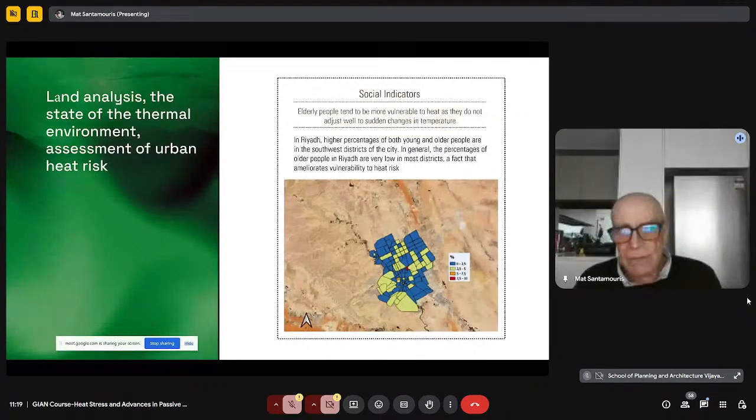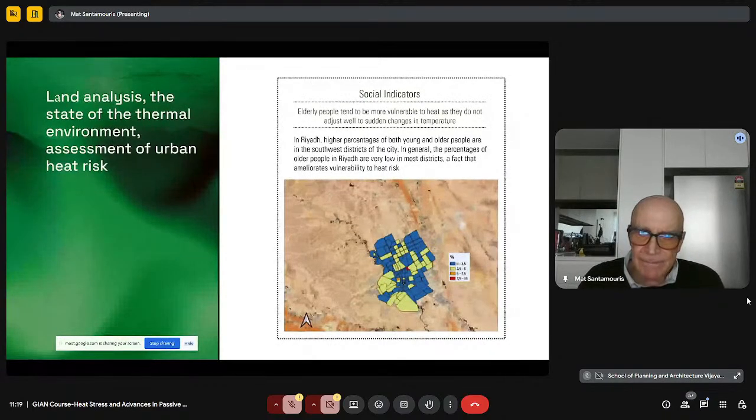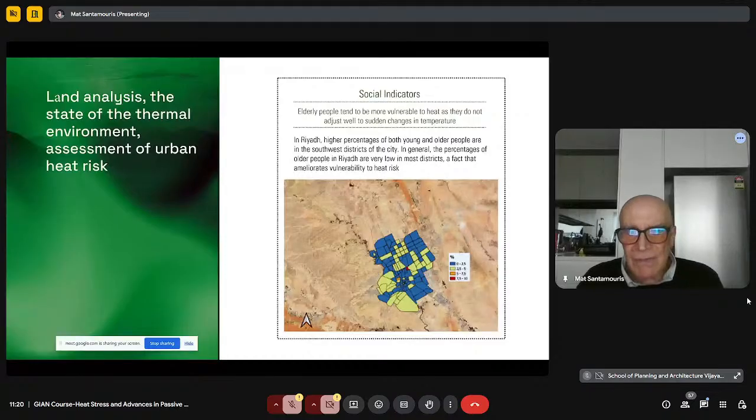Now to do with the social characteristics. We know very well that elderly people tend to be more vulnerable to heat because they do not adjust well to sudden changes in temperature. We discussed it yesterday. In Riyadh, we have a higher percentage of both young and older people in the southwest district of the city.